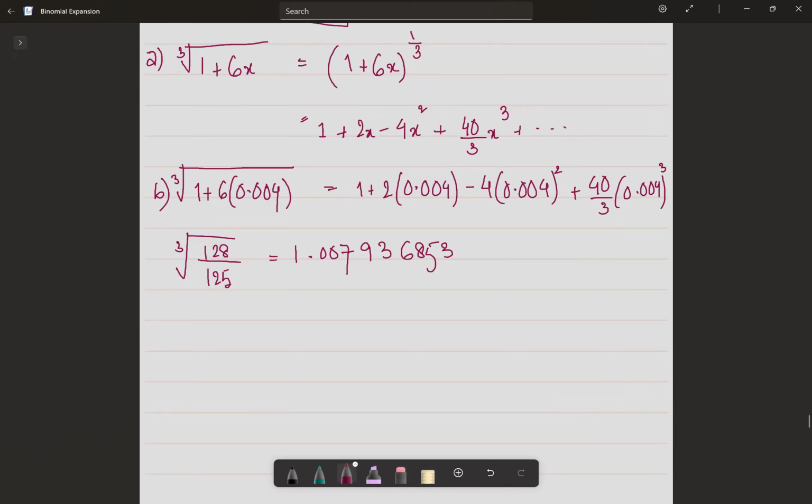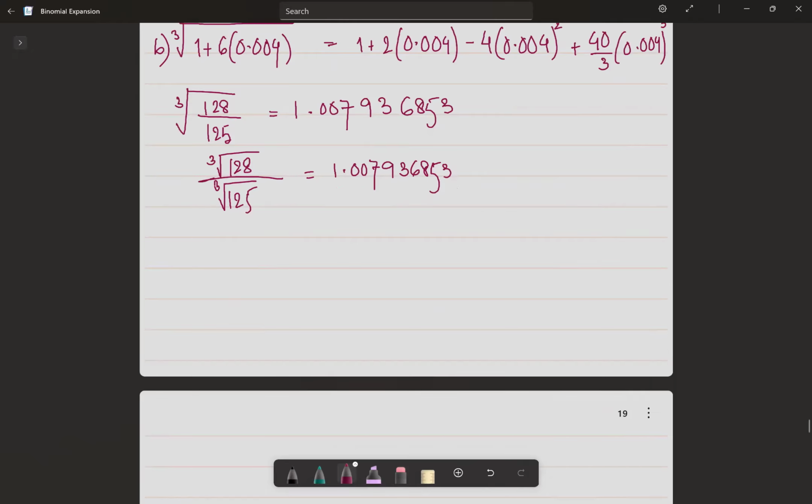So you have cube root of 128 in here, and cube root of 125 in here. And this gives us 1.007936853. So now if you evaluate this part, cube root of 128, you are going to get a very big decimal number from your calculation. You're not going to get any exact value. So how do you deal with this part?